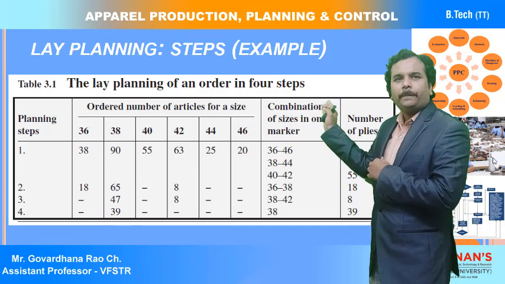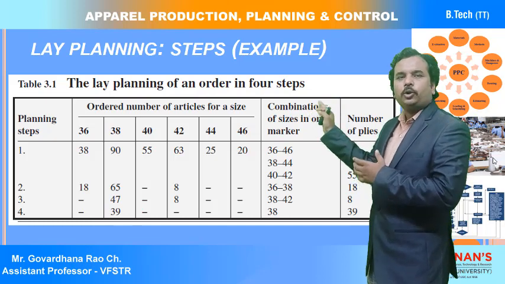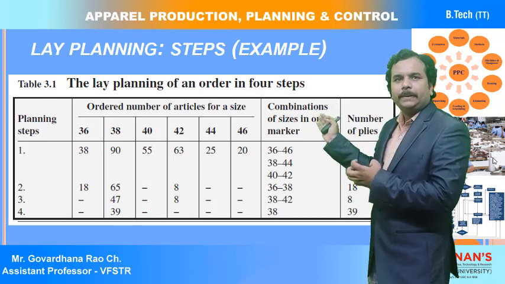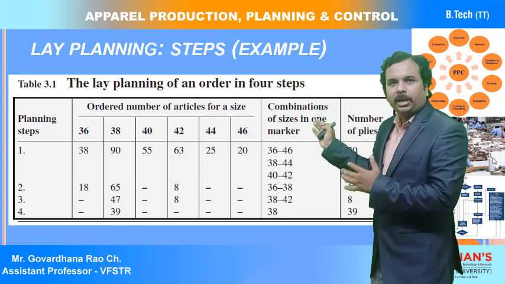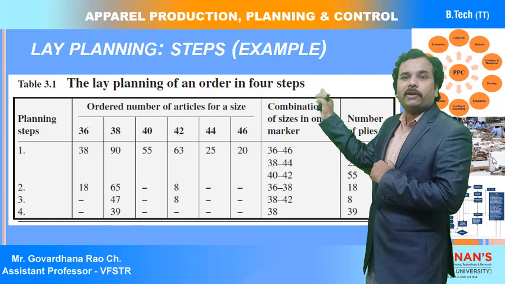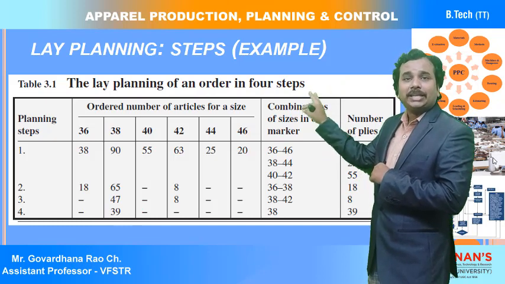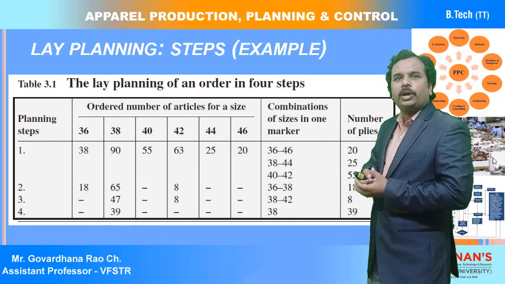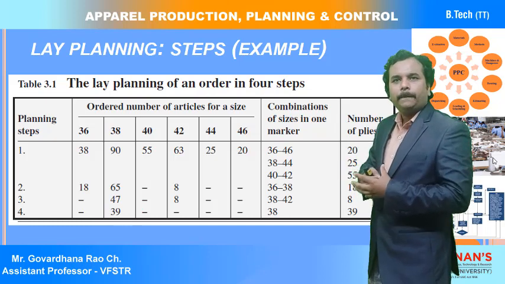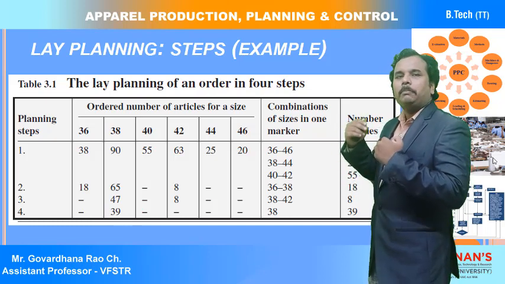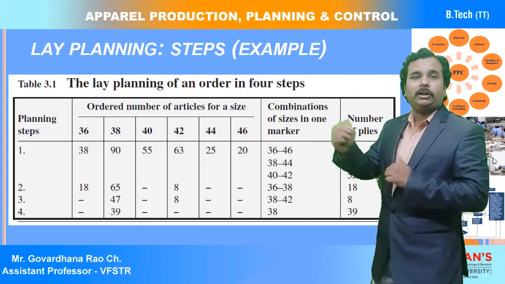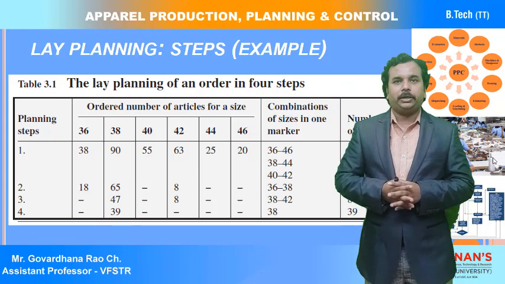And you can see that 38 size total ordered quantity is 90, and out of that 90, 65 is remaining, because already 25 garments are produced in the second marker. And in the third marker, 40 and 42 size we are going to prepare together, and we are going to lay the 55 number of plies, so that 40 size is going to be completed.